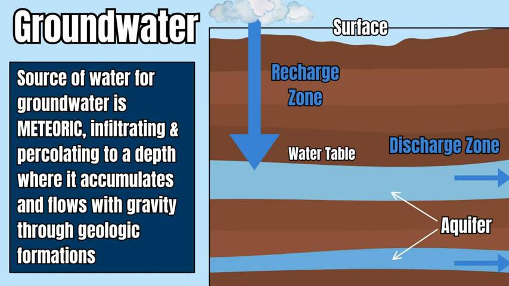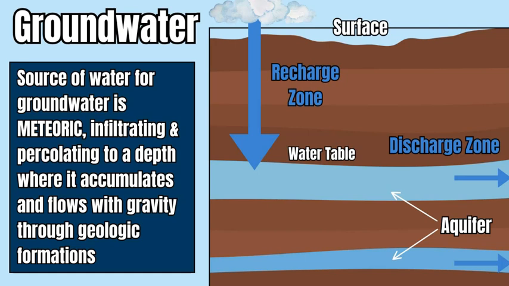The recharge zone is where the water is added into the groundwater. And the area where groundwater is partially filling the spaces or voids or cavities is called the unsaturated zone or vadose zone, which means it's closer to the surface with access for vegetation to acquire the water.